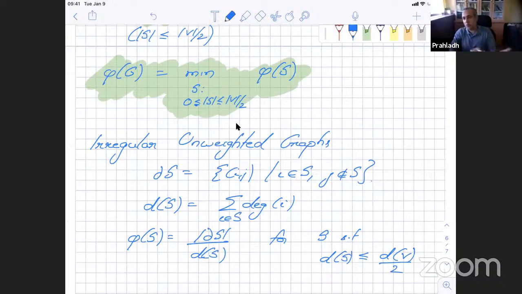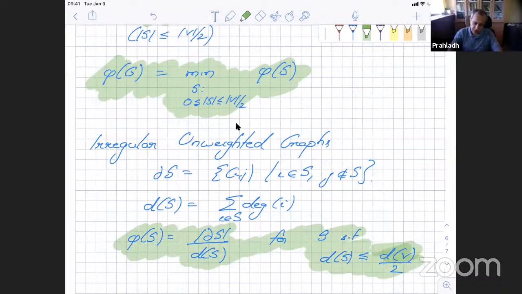It's the one which has a smaller degree compared to the total degree d of V, the sum of all the degrees. And I want to look at this. Should I look at set S or should I look at V minus S? And here I'm looking at set S. So this is how I will define it for irregular graphs.